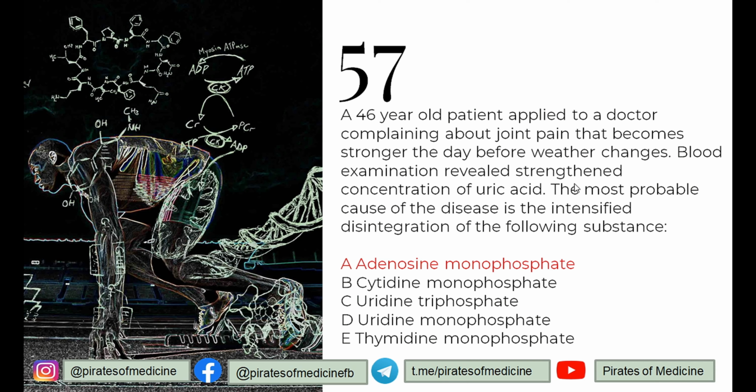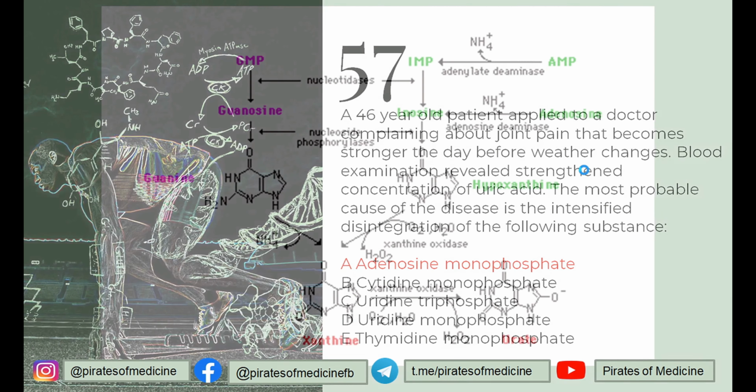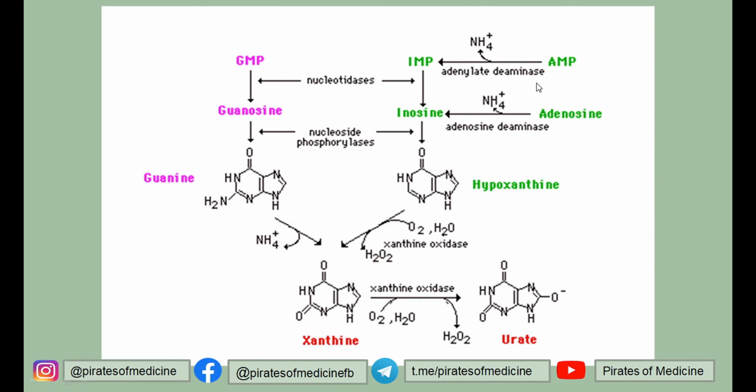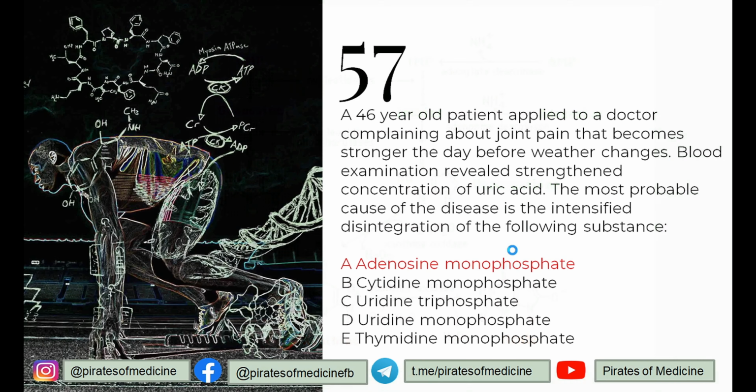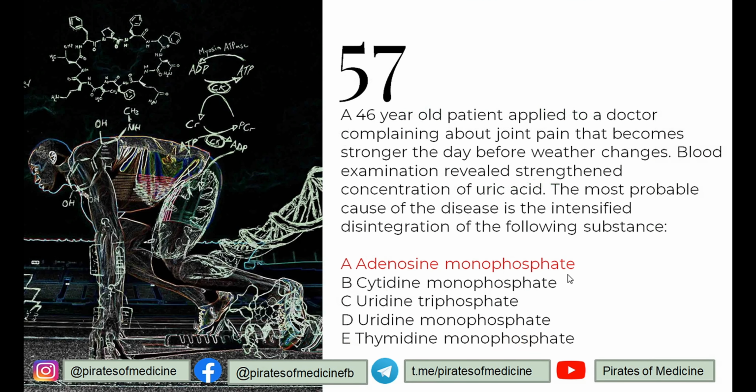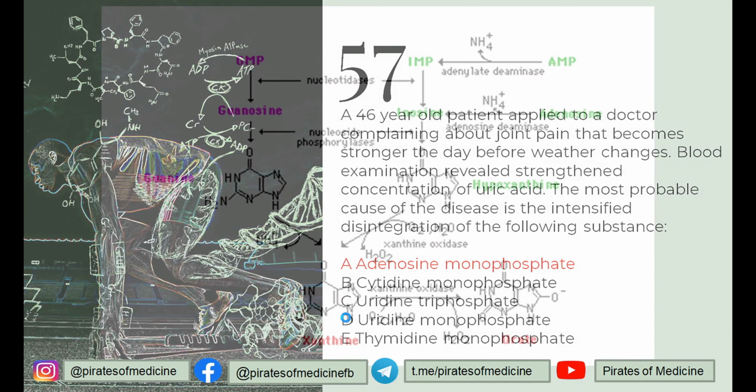Hyperuricemia, I told you, uric acid has to do with the purine salvage pathway or degradation of purines, which forms uric acid or urates. And out of all the options, only purine nucleotide is adenosine monophosphate. All others are pyrimidine nucleotides, which do not form uric acid when they are degraded. Understood? Let's go to the next one.